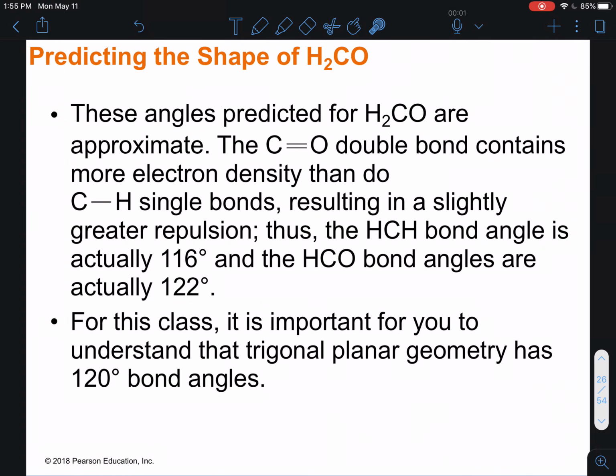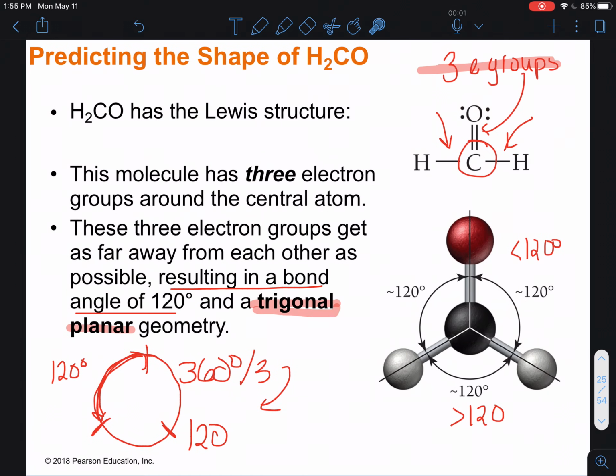But again, like I said, this is approximate. So this bond angle up here would end up being, what was that, 122, and this bond right here was about 116 degrees. And that results from this double bond wanting more room, so pushing and closing this bond angle a little bit further.